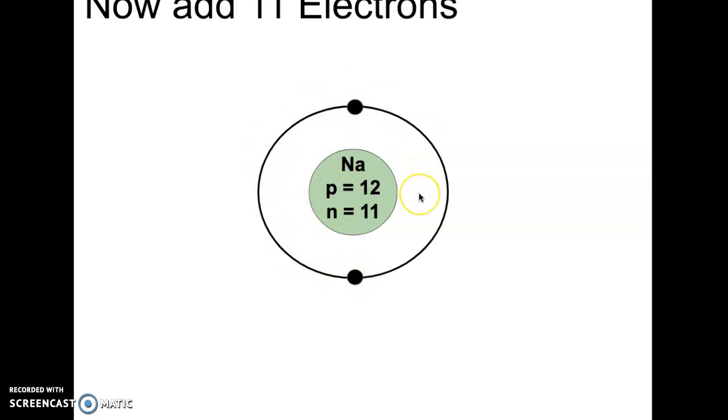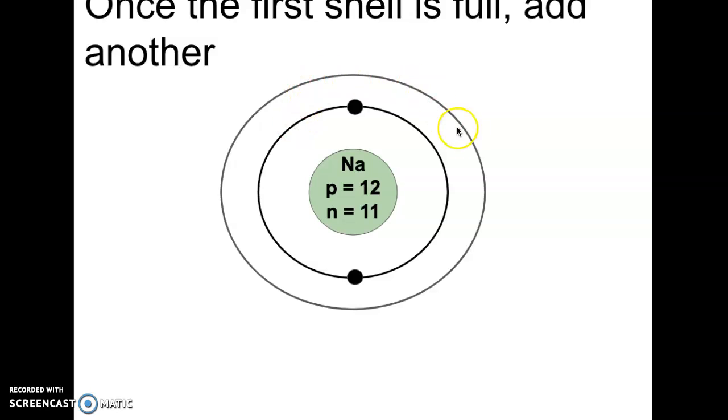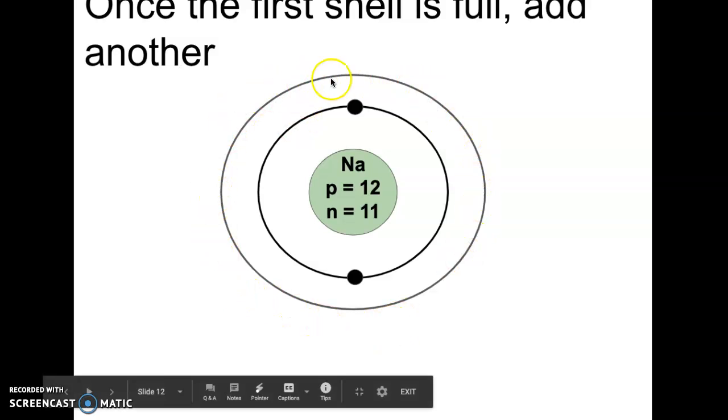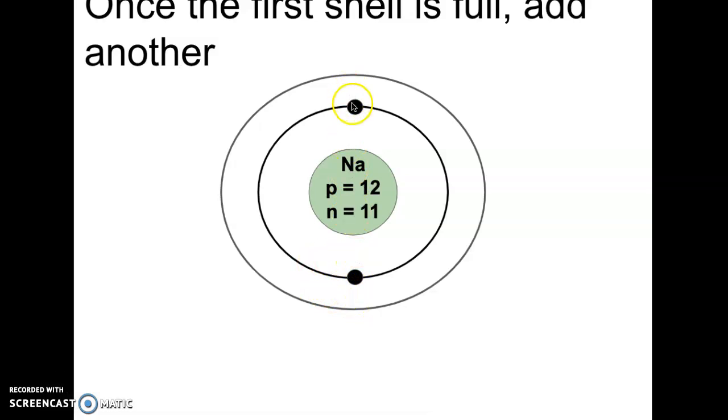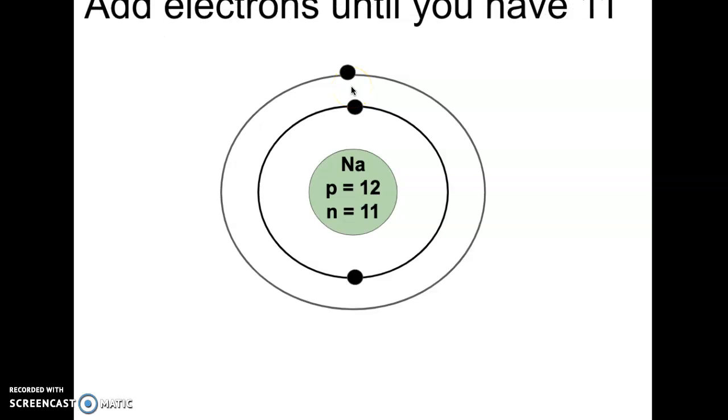Now this shell is full, so we have to add another shell. This one can hold 8, remember. We have 2 here, so we start at the 12 o'clock position and go around the clock. So we have 1, 2, 3, 4, 5, 6. Now remember, we're going to pair them up here.